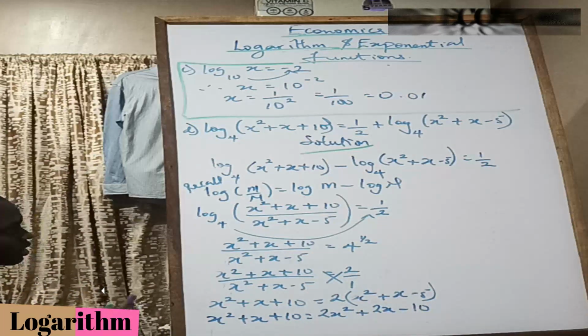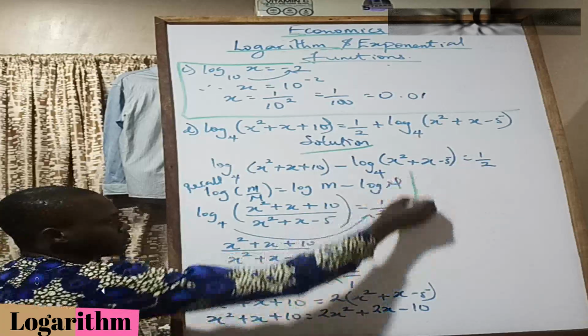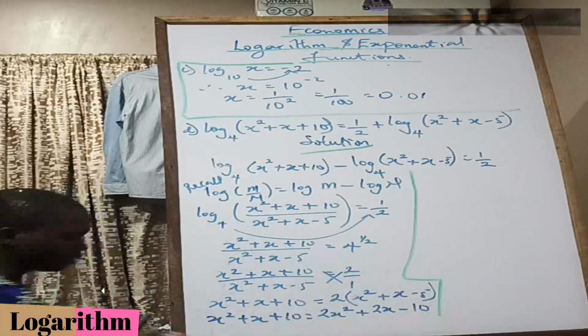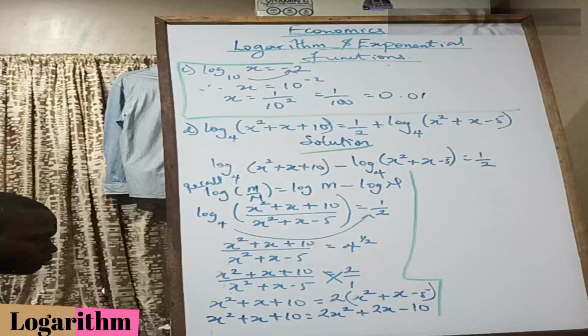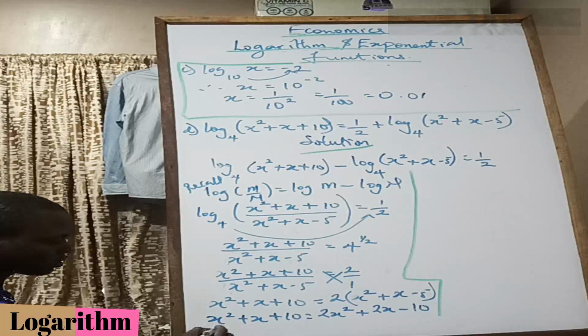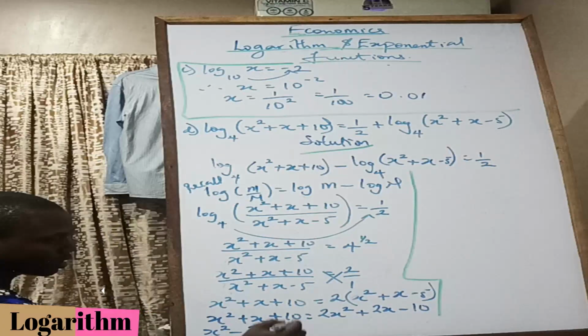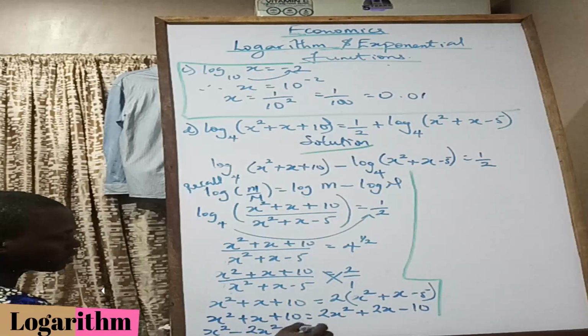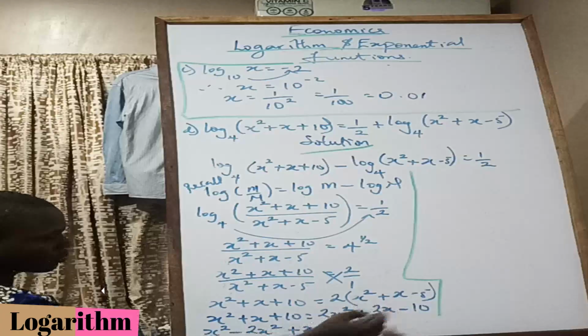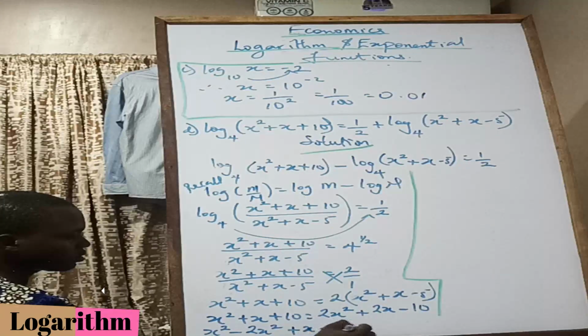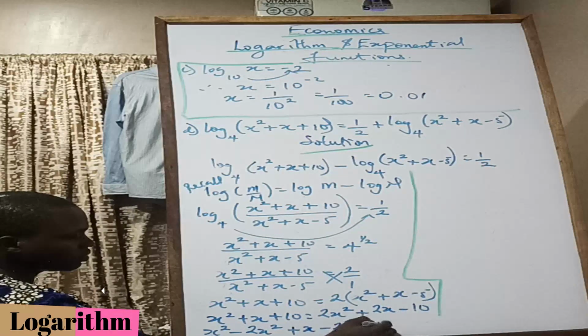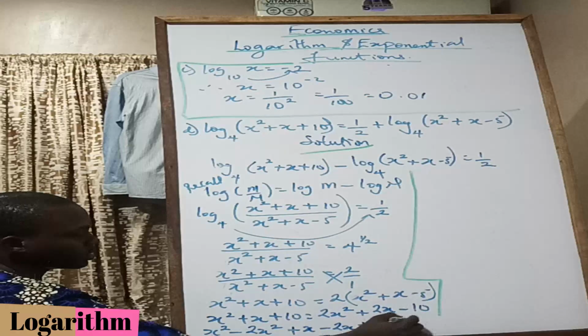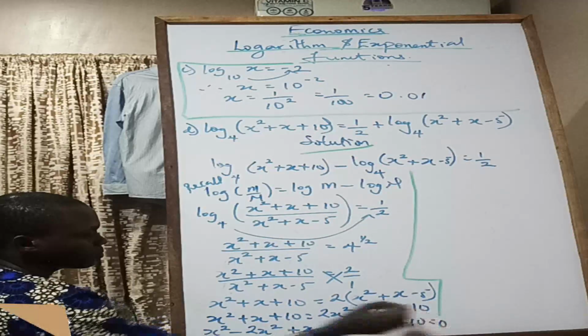So here, can we collect like terms? So if you collect like terms, you have x squared minus 2x squared, right? Then plus x minus 2x, plus 10. And when this guy comes, it becomes a plus 10 as well, equals 0.